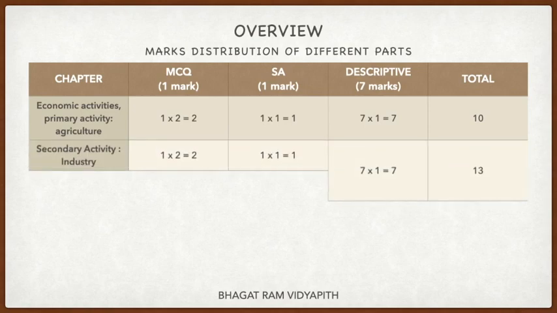After this, we have secondary activity, which is industry. From industry, we will have 2 MCQs and 1 short answer type question.